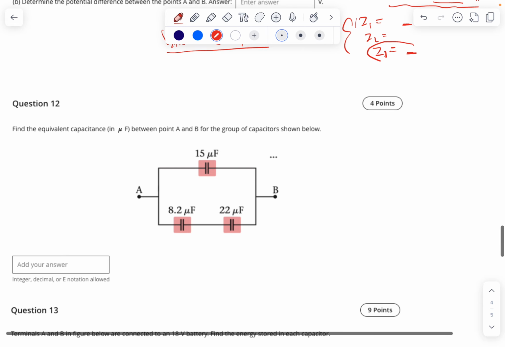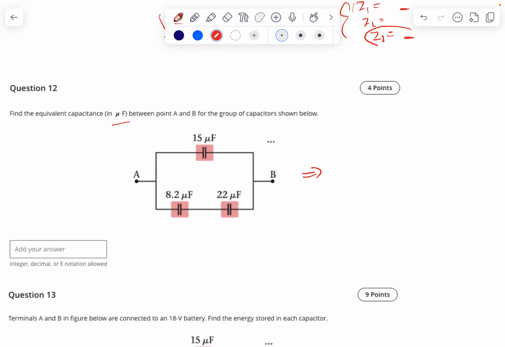Number 12, find the equivalent capacitance in microfarad between A and B. Just step by step, right? So this one is A, and you combine the two together first, and then B. So this is 15 microfarad. And what's the value when you combine those two together?